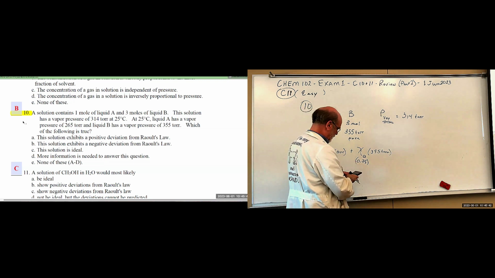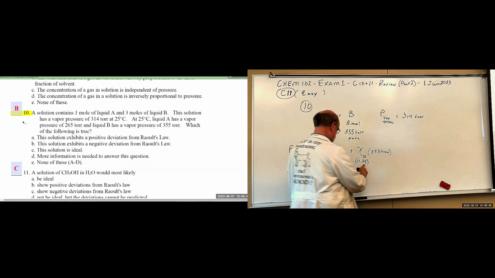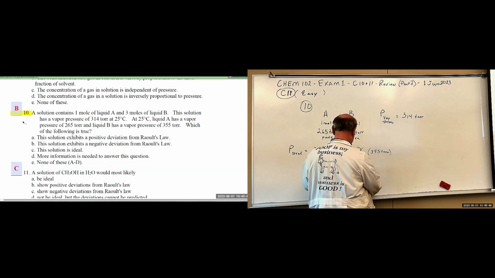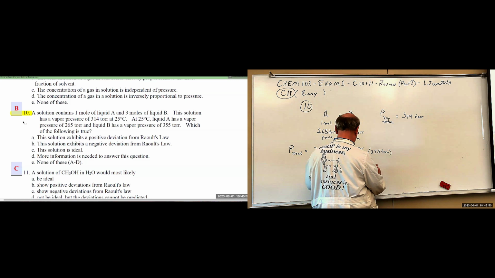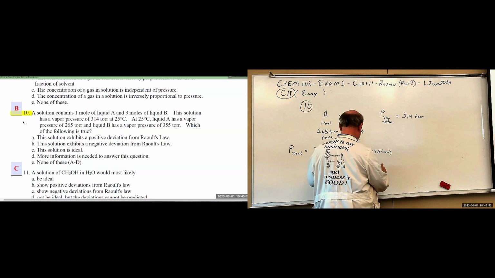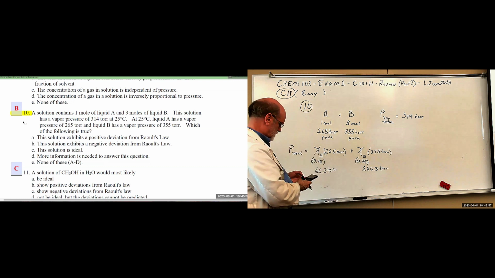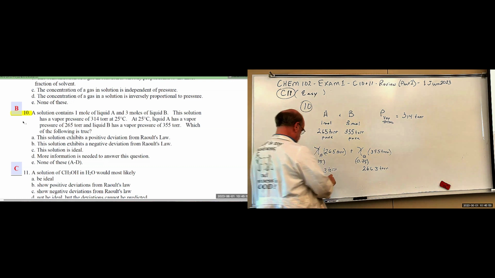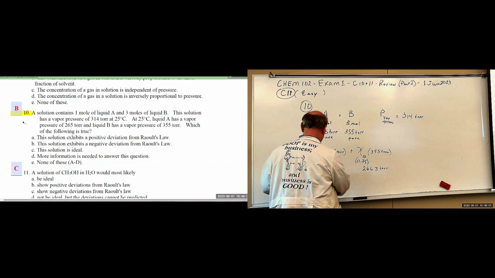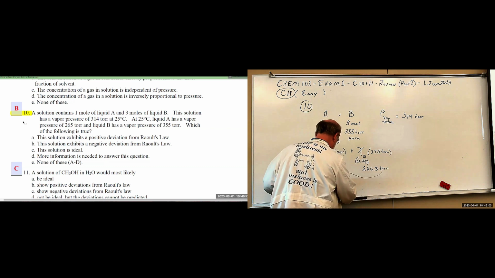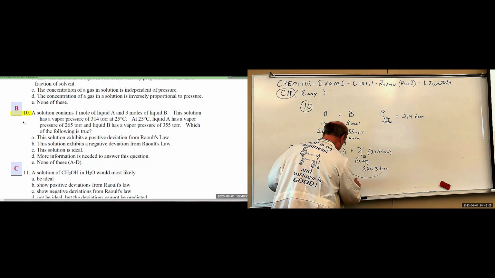And 0.75 times 355 is 266.3 torr. Let's add those two together. Rounded off, I get 333 torr.